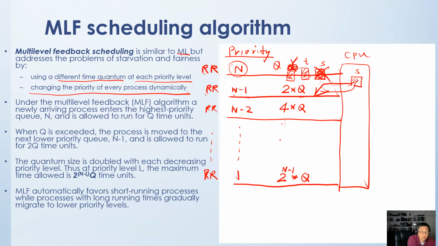So the priority of process S will be reduced from priority n to priority n minus 1.